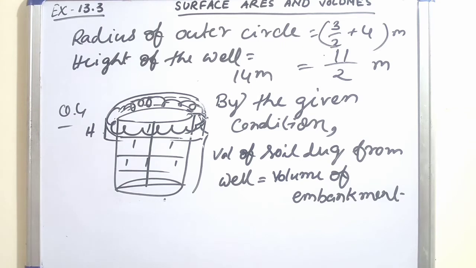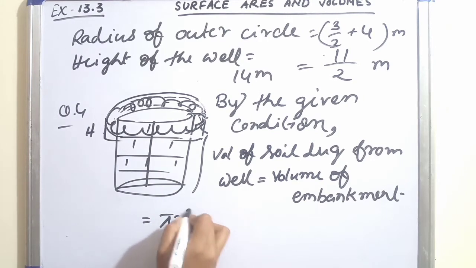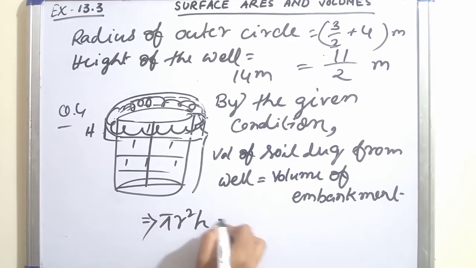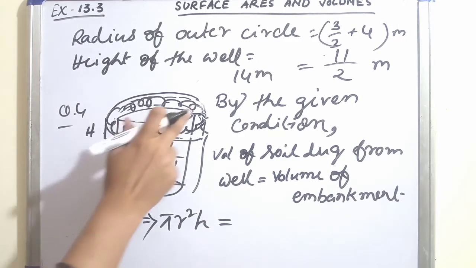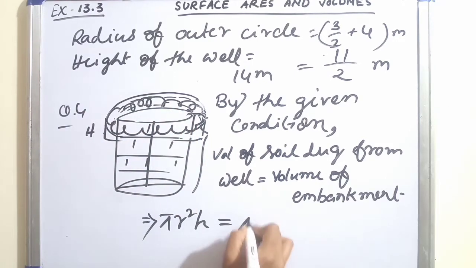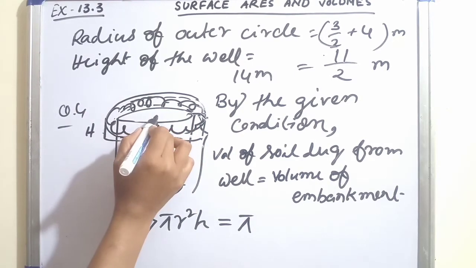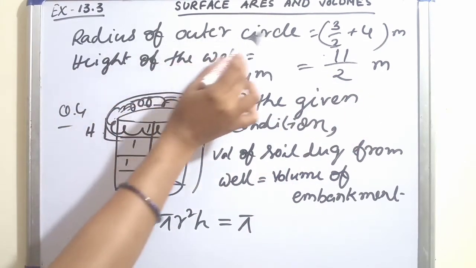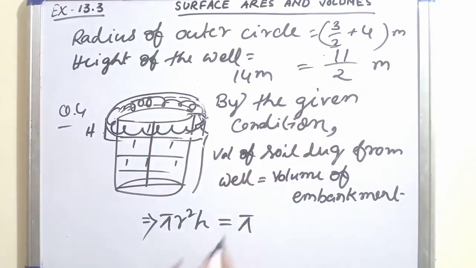So now the volume of soil dug from the well, that means the volume of this well, that means pi r square h, is equal to the volume of this embankment, that is pi times the radius of the outer circle, 11 by 2 meter.